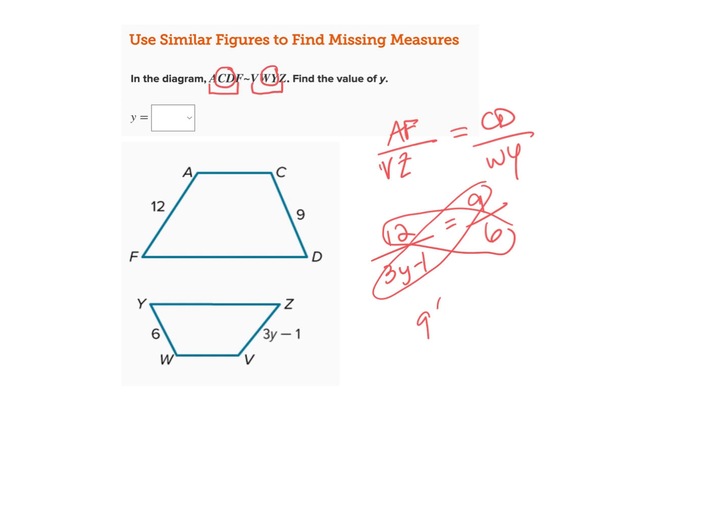So we're going to have 9 times 3y minus 1 equals, when you cross multiply, then you get rid of the fraction, setting the two cross products equal to one another. And 12 times 6 is 72. Distribute the 9. So 27y minus 9 equals 72.